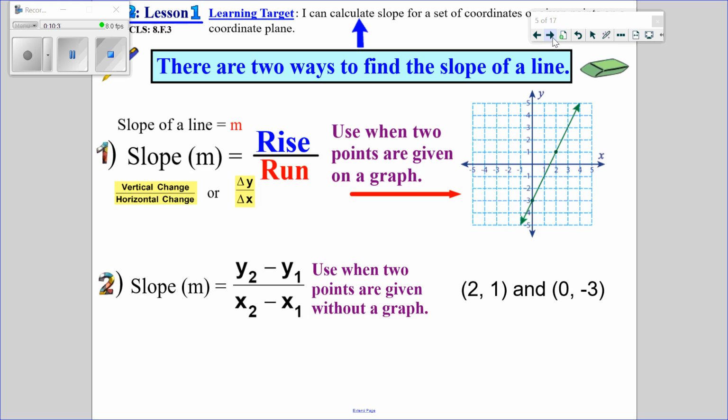There are two ways to find the slope of a line. The slope of the line is referred to as m. So slope of the line equals m. Slope m equals rise over run. Rise goes up and down, so I'm going to draw an arrow for up and down in both directions. And the run goes from left to right.